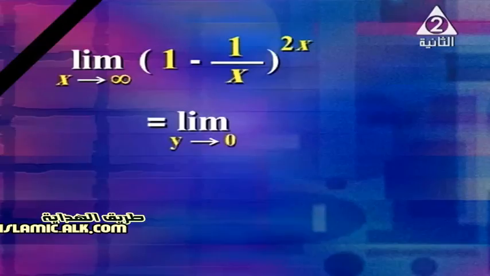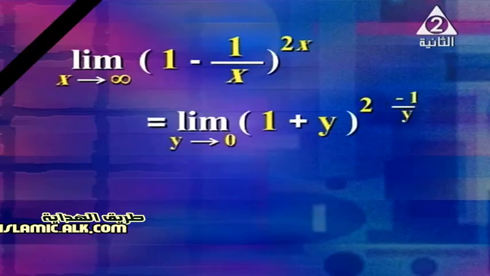After that, the limit becomes the limit as y tends to 0 of [(1 + y)^2]^(-1/y), because we substitute x equals -1/y.